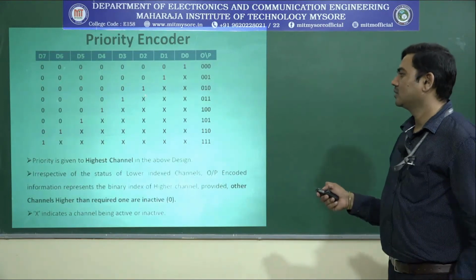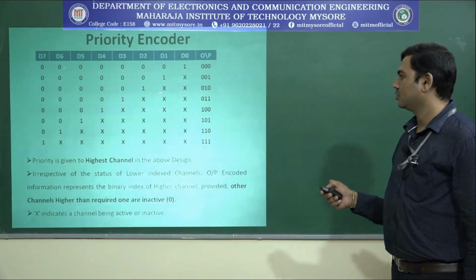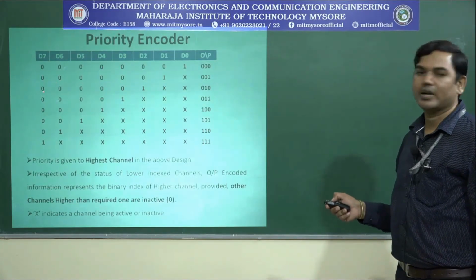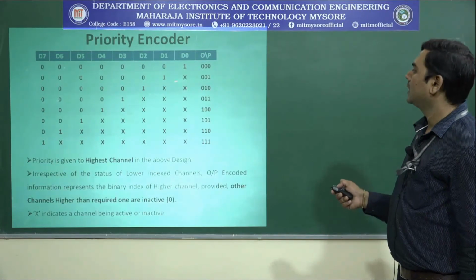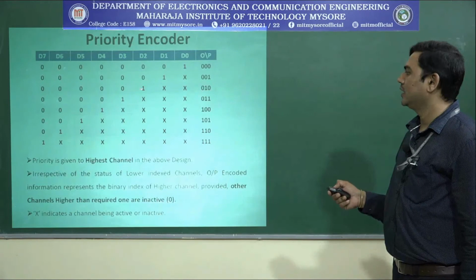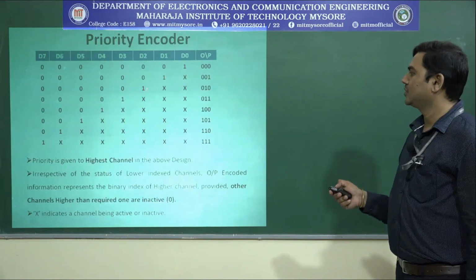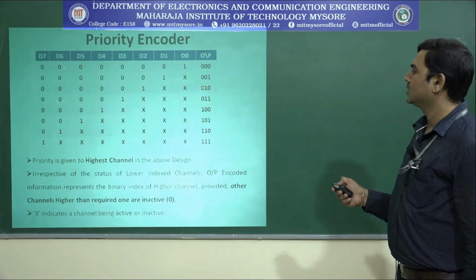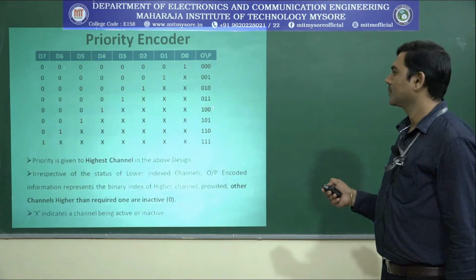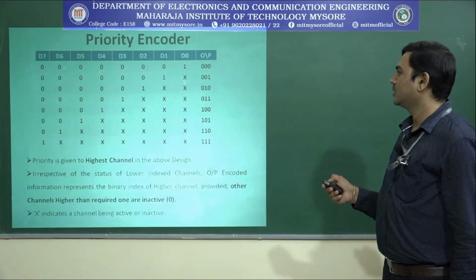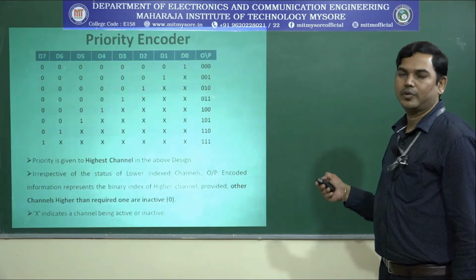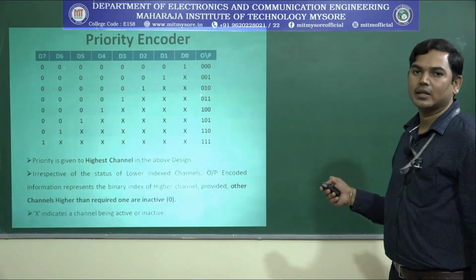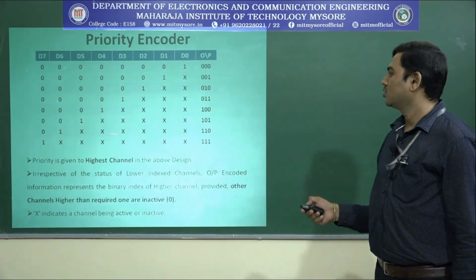Suppose D3, D4, D5, D6 and D7 are off and you have pressed D0, D1, D2. Out of these three channels, which is the highest one? D2. D2's code or index, 0, 1, 0, will be at the output. If you press D1, D0 along with D2, obviously the higher channel is D2, and that channel's code should be at the encoder's output.